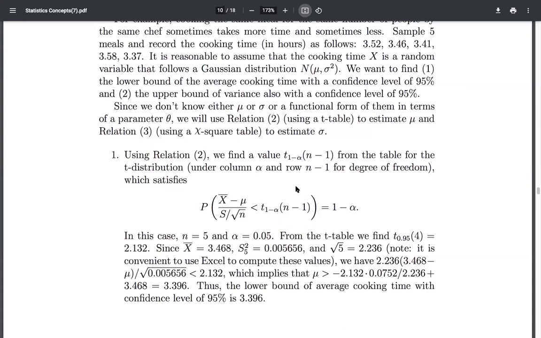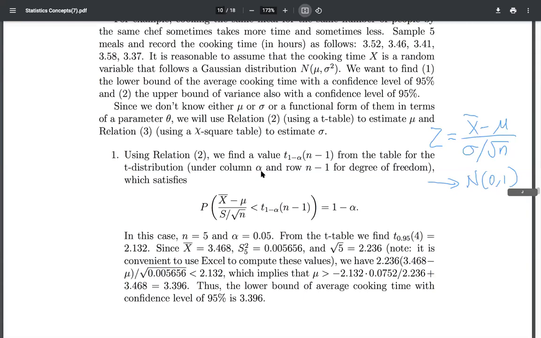So what I'm trying to do here is this. When n is not big enough, remember the earlier estimation we used: z is a random variable minus mu, sigma over this. So this is close to the normal distribution.